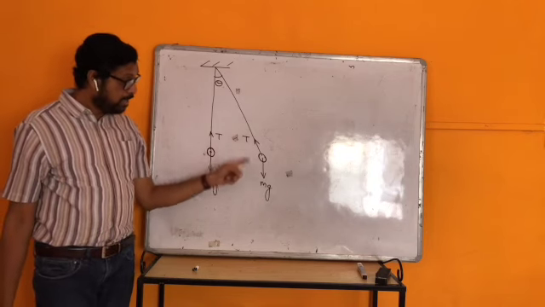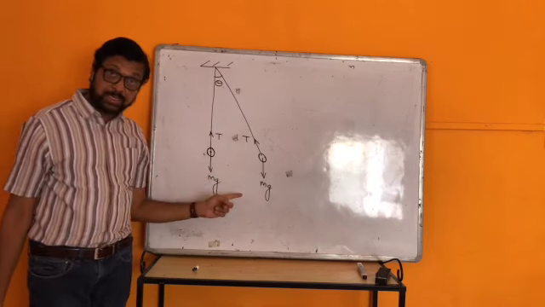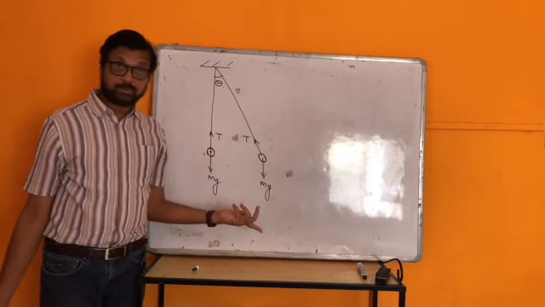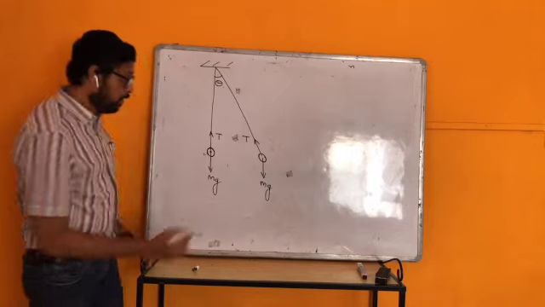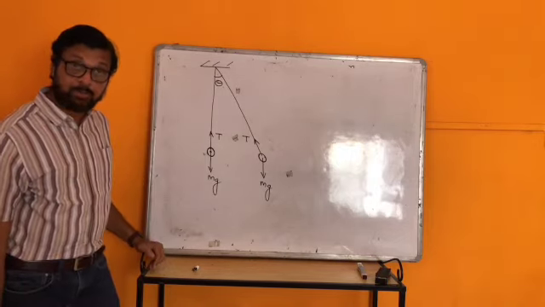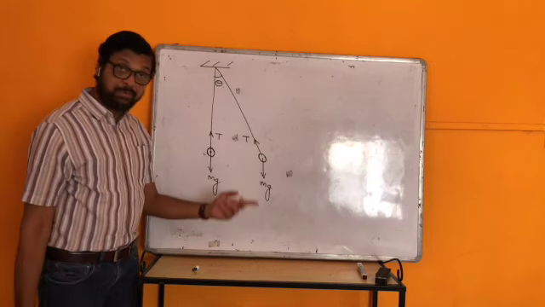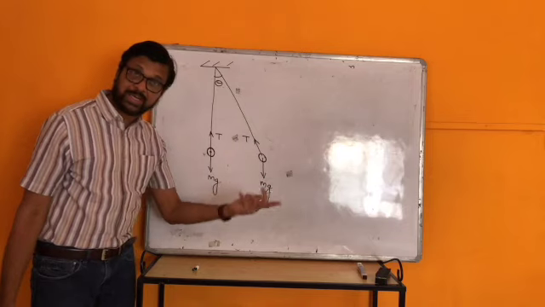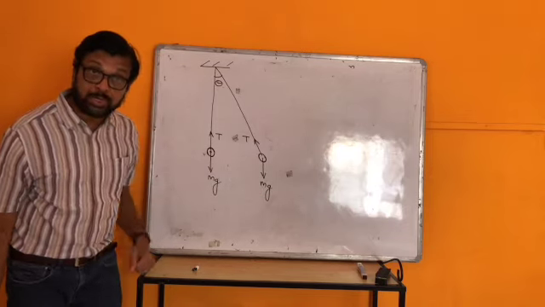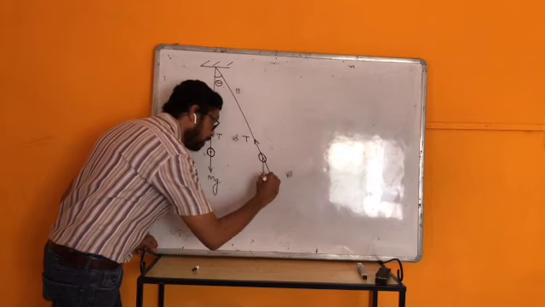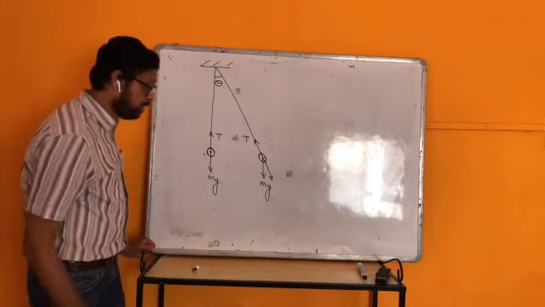Now, are they equal and opposite? Of course not, because their directions are different. You can resolve this mg into two components. Weight is a force, force is a vector, and you can resolve any vector into components.